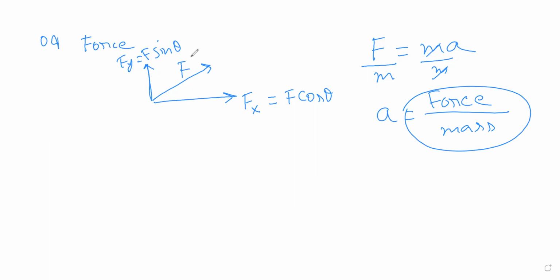So now we are going to discuss vectors. When you are discussing force, that means it has some direction, so we will discuss vectors. If we have a vector A, how do we represent a vector? We represent a vector with some axes, the components. If we are using two dimensions, then ax i hat plus ay j hat.